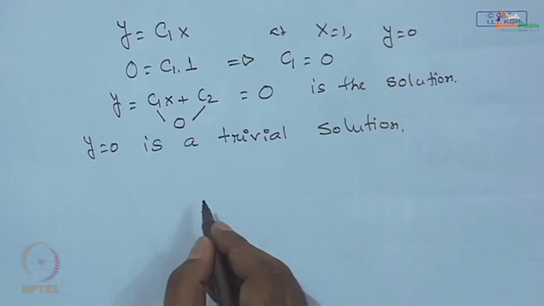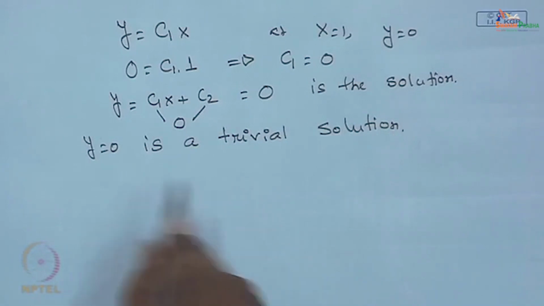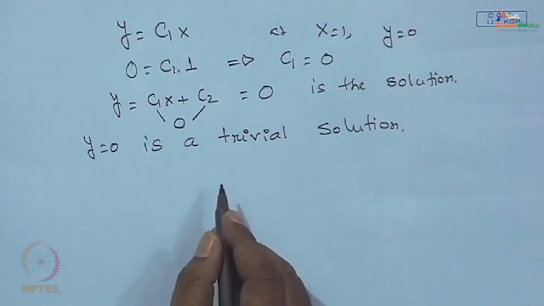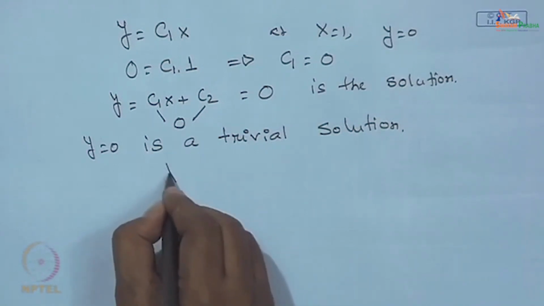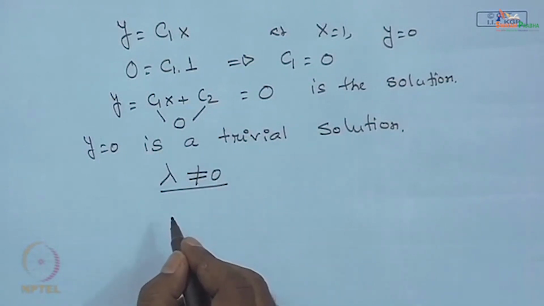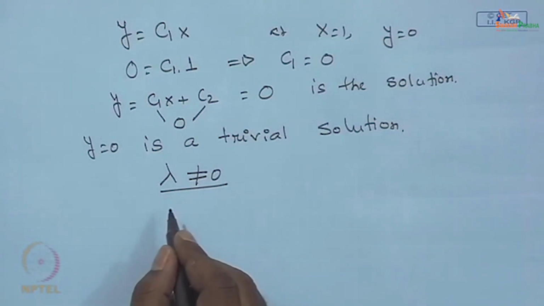We are not looking for a trivial solution, we are looking for a non-trivial solution. Therefore, lambda cannot be equal to 0. So, lambda equal to 0 is ruled out, and we cannot use that anymore.